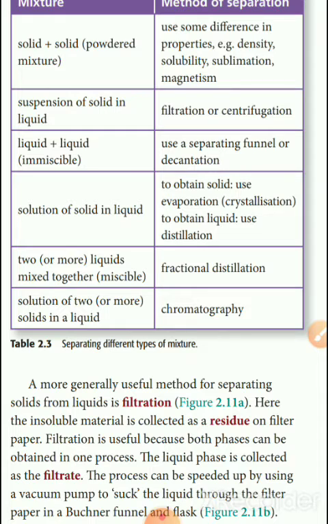Next point is solution of solids in liquids. In this case, when you have a solution of solid, you should be clear that the solid is soluble within the solvent. The best example would be salt and water, because salt or sugar are quite soluble within water. To obtain the separation, we can use evaporation, when we evaporate something from a solvent.